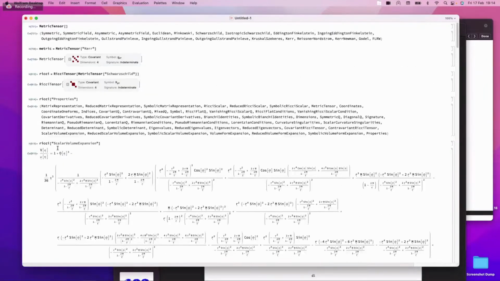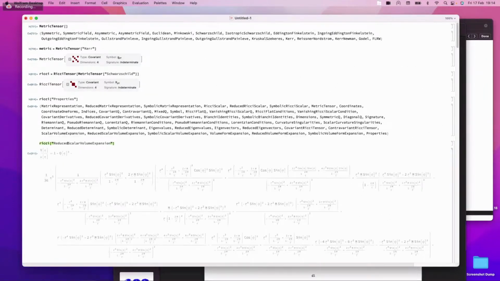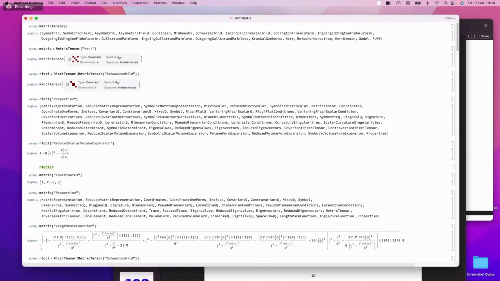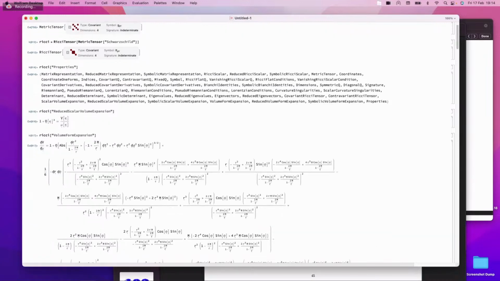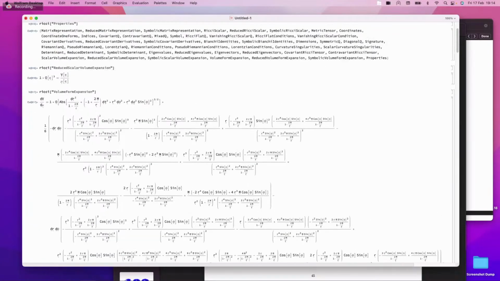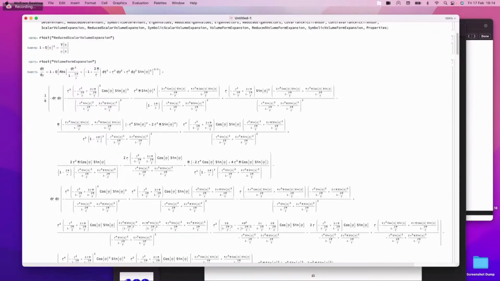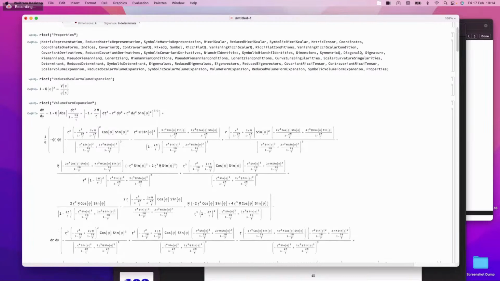Oh, that's lovely. This is a vacuum solution, so it simplifies to something trivial, but it can also do the directed case, right? So you can say things like volume form expansion, and that gives you the volume of a geodesic cone projected in a given direction relative to the volume of the corresponding cone in Minkowski space. Things like that.